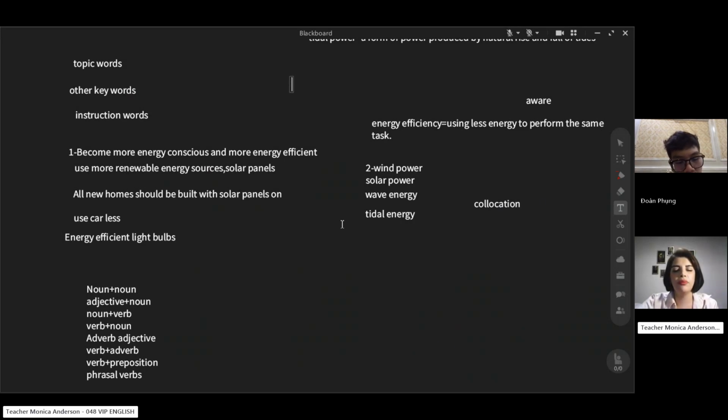Verb and noun. I play basketball. Play basketball is verb and noun. Yes, of course, because when we say, for example, play, we expect something, like play an instrument.